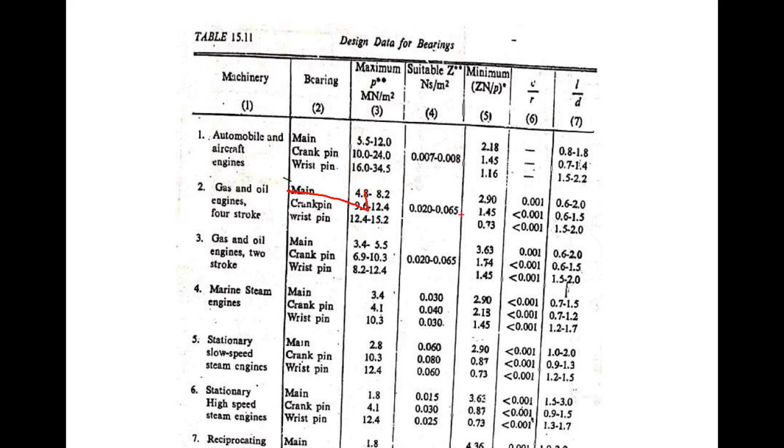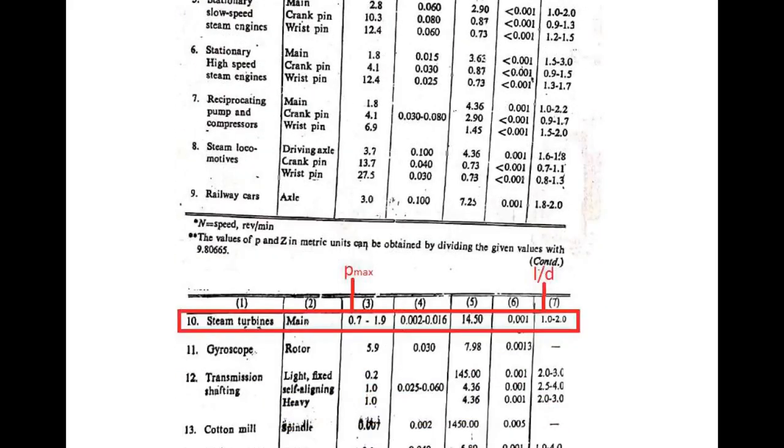Similarly, now I would like to highlight the case of steam turbine. The bearing used in the steam turbine has maximum pressure in the range of 0.7 to 1.9 megapascal, and L by D ratio in the range of 1 to 2. The C upon R ratio is in the range of 0.001.